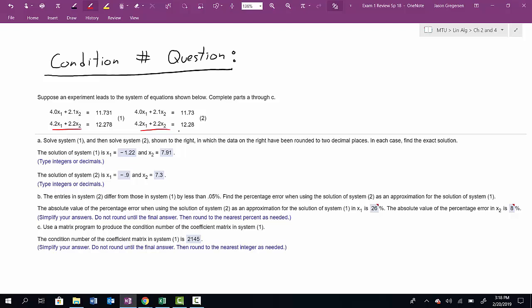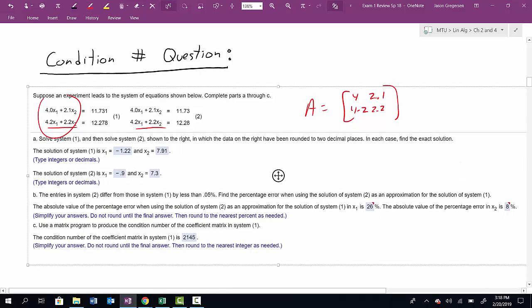The basic idea is that if we look at the matrix associated with the system on the right-hand side, our matrix is going to look like 4, 2.1, 4.2, 2.2. If we were to row reduce it, this one would almost be singular, right?